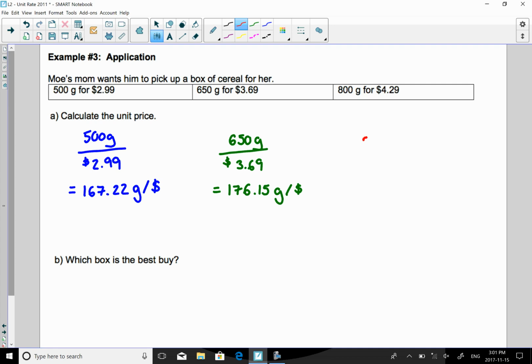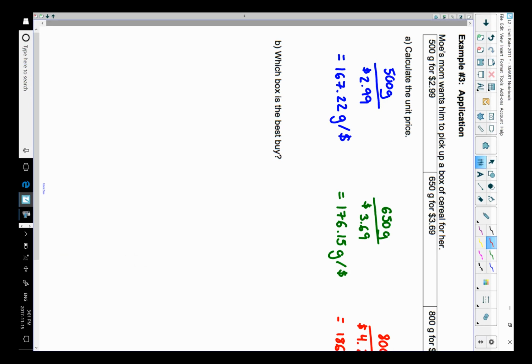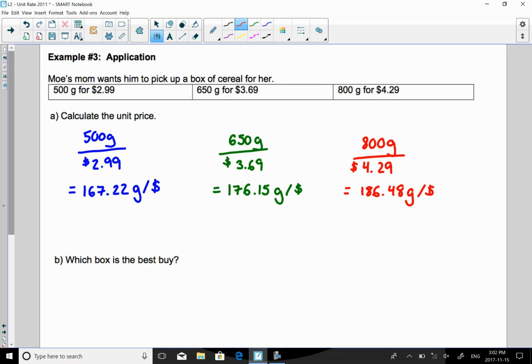And lastly, I have 800 grams for $4.29. That's 186.48 grams per dollar. So if I look, I want the most for my dollar. So the last one, 800 grams for $4.29, gives me the most, 186.48 grams per dollar.